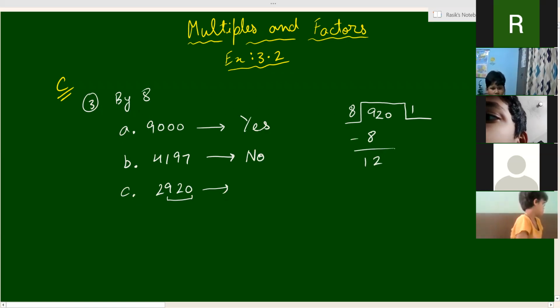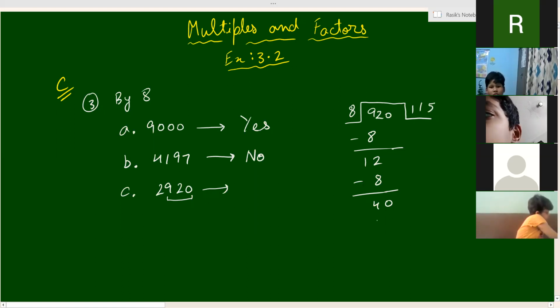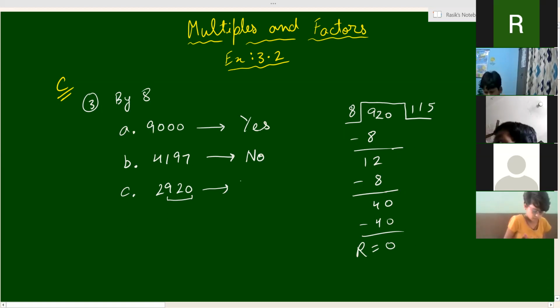Minus, the remainder is 1. 2 is copied. Again 1. 8 ones are 8. Remainder 4. 0 is copied, so 40. 8 fives are 40. Minus, the remainder is 0. So the final remainder is 0. That means the number is divisible by 8. You can say yes, the number is divisible by 8. Note down in your book.